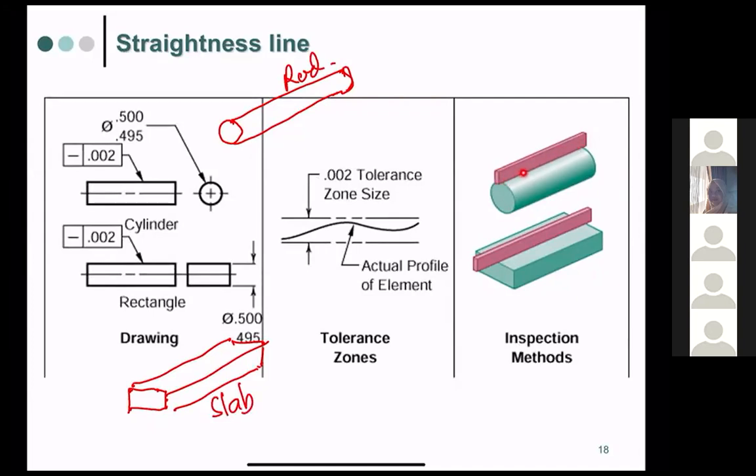If it is not flat, of course there would be some room missing, or like a hump like that. And then here, for example, we have a slab, and the inspection method would be around this area to make the straight line. Okay, so that is the straight line.